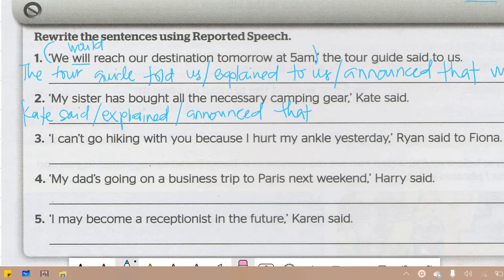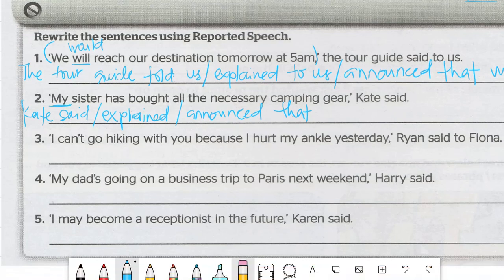My sister has bought all the necessary camping gear. So whose sister is it? Whose sister? It's Kate's sister. So change my into a possessive pronoun referring to Kate here. For a girl, the possessive pronoun is her.